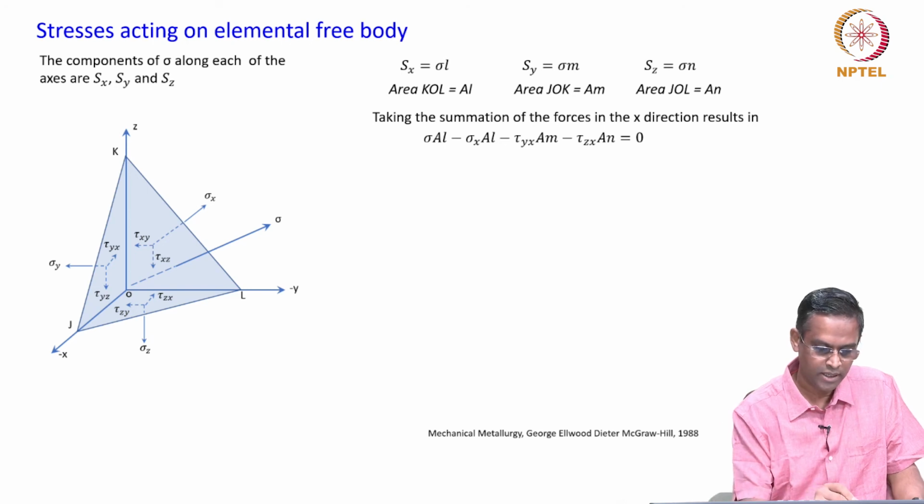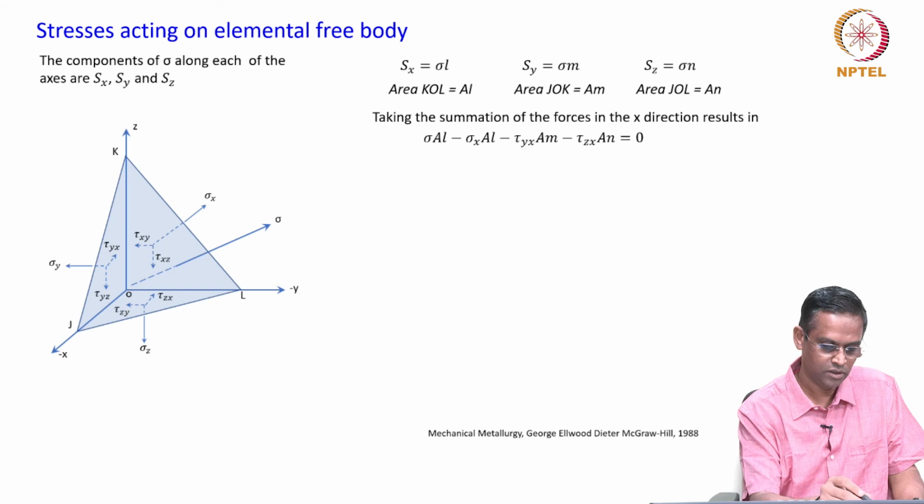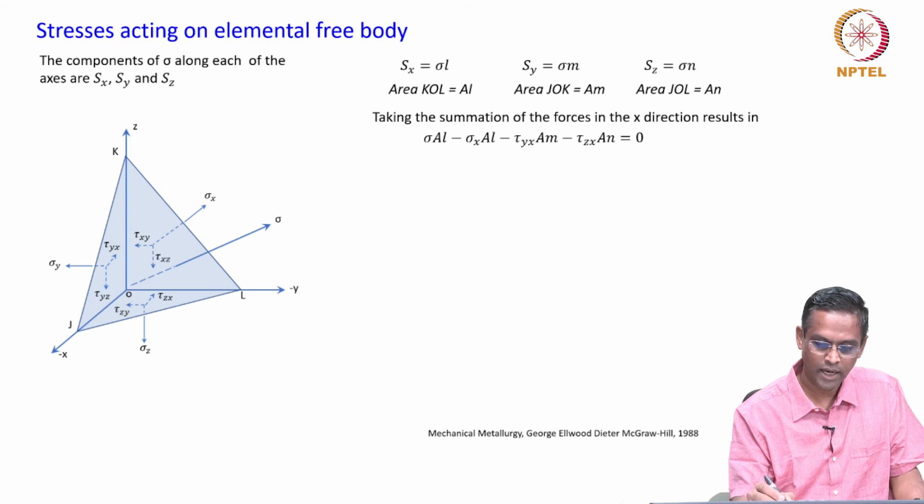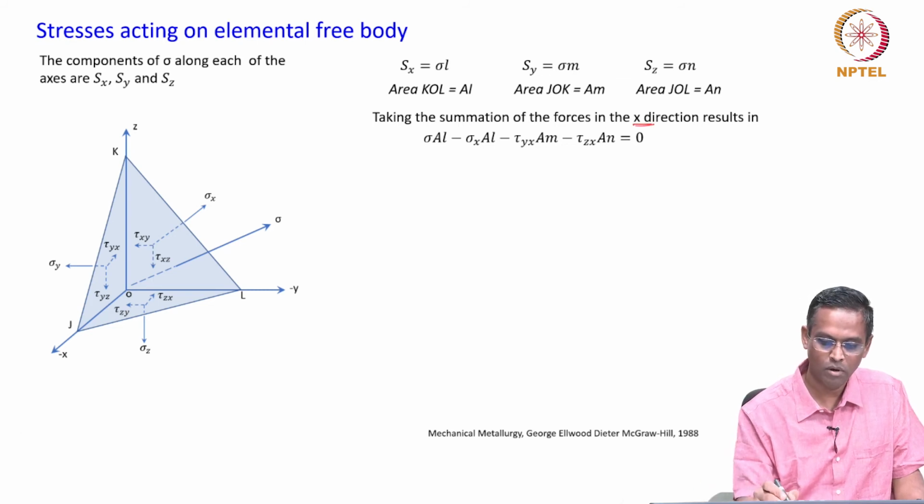We are interested in the normal stress sigma on this plane KJL, and that area is A, and we are interested in the x direction, so that is why it is sigma AL. That means stress times area gives a force.